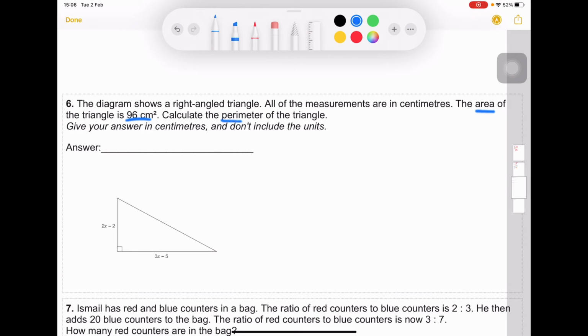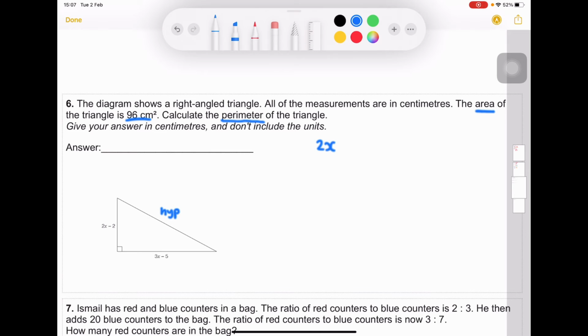Calculate the perimeter. So that's different to the previous question. To calculate the perimeter, we need to work out this length here, the length of the hypotenuse. So we will be using Pythagoras' theorem. However, we first need to work out the value of x.